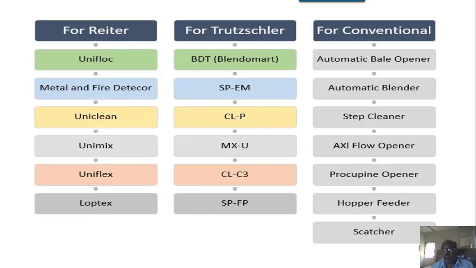Now, in case of Trützschler, in addition to that, we have what is called entrapment of the trash. Entrapment of trash means once the flock is open, the tuft is opened, whatever trash is released in that beater chamber, it is sucked by the stationary sucking unit there.